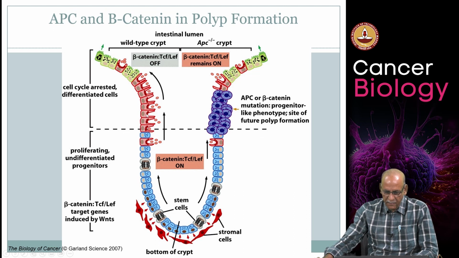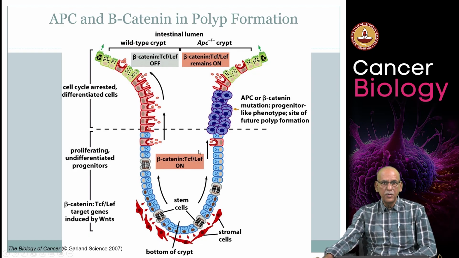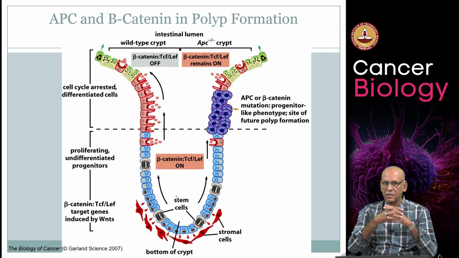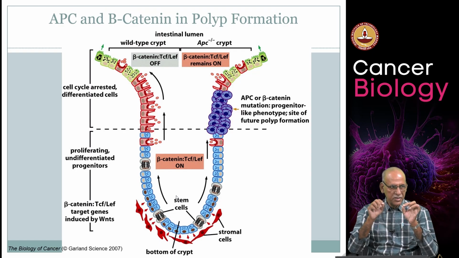See, this is the colon structure they have given. What happens is there are polyps that are formed. Polyps, if you remember, I told you they are like small protrusions in the colon. So, that is the first step. That is why it is called adenomatous polyposis coli, we say. So, APC is responsible for that. Those small projections are formed initially, and then they develop into a more serious condition, and finally cancer develops.